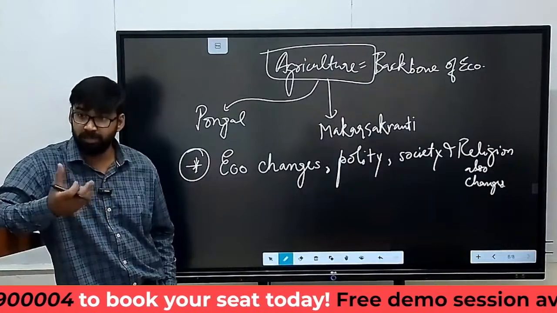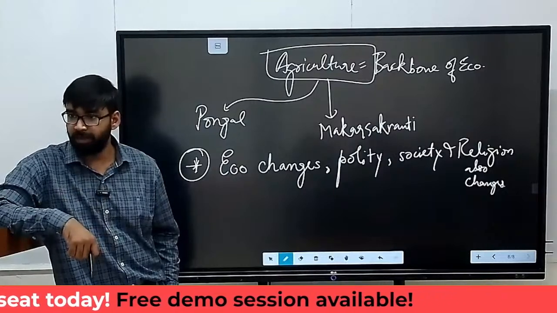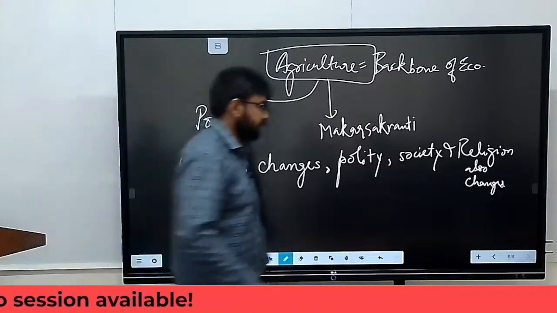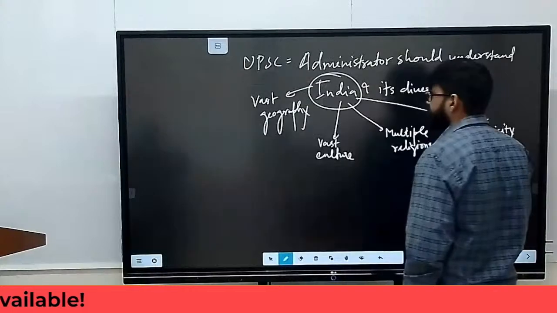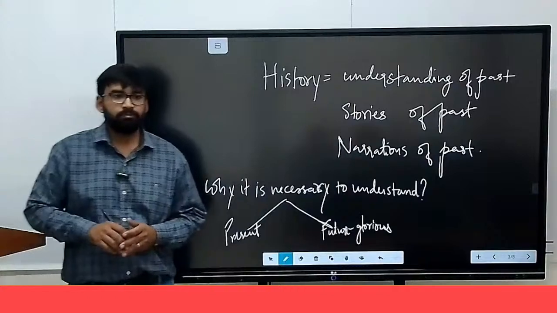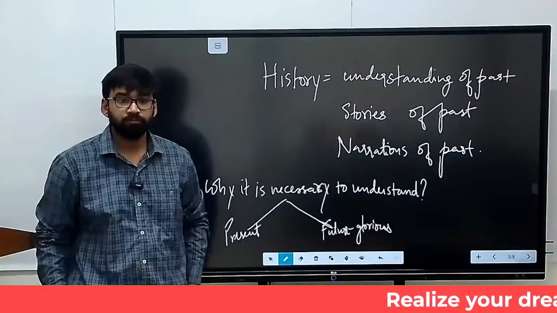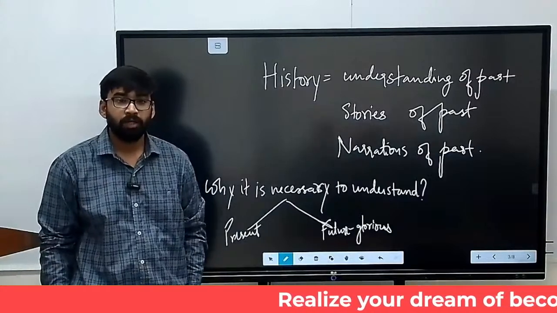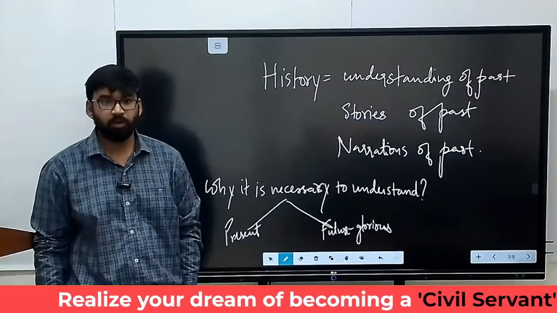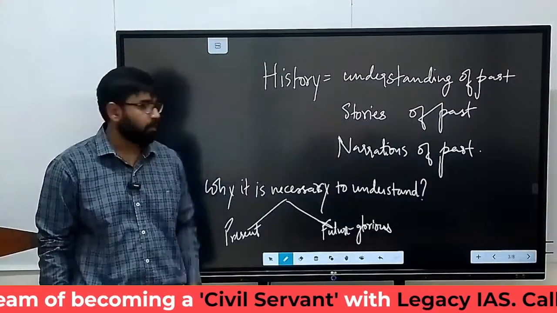That means there must be something scientific. Getting my point? So you can draw this from the beginning. Economy changes, polity, society, and religion also change. Economy is the basic structure. So you can draw these things.